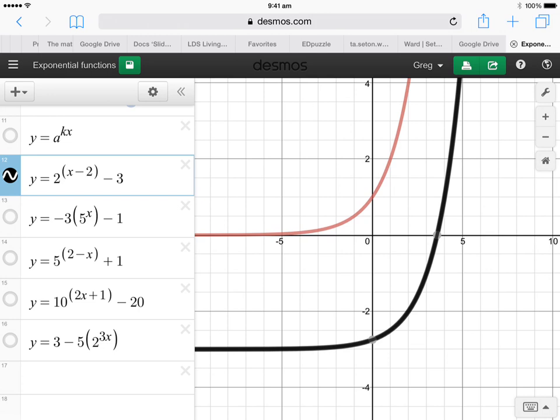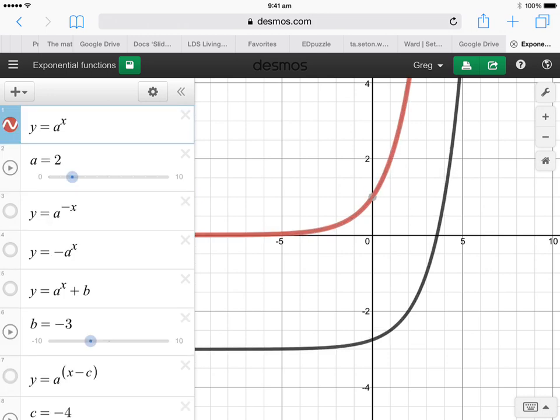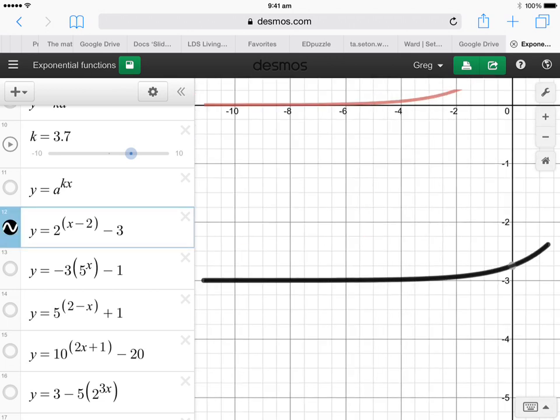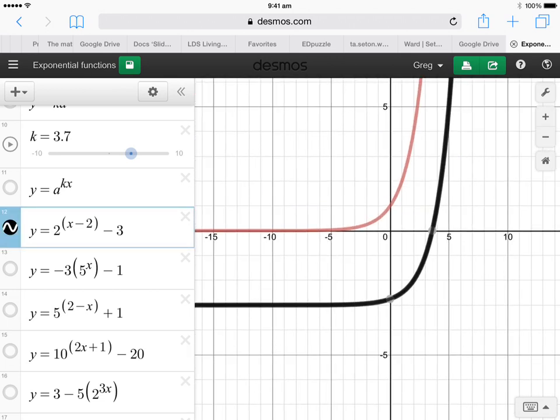Everything has been shifted down 3, and you can see it's also been shifted across 2. So that point there that we normally associate with the y-intercept would be shifted down 3, so from 1 down to negative 2 and across, just as it looks in the sketch.